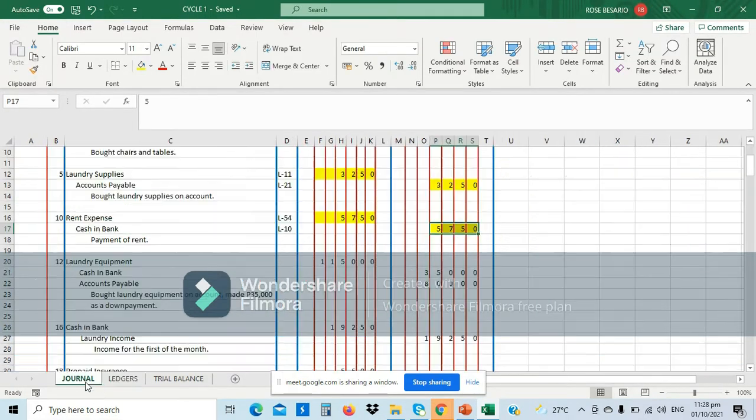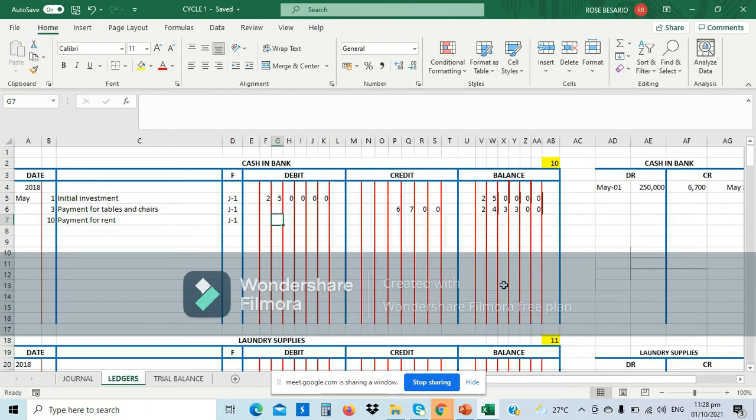So how much is that? 5,750. So proceed to your credit column. 5,750 because it's credit. Then get the balance. So we have 243,300 minus 5,750.